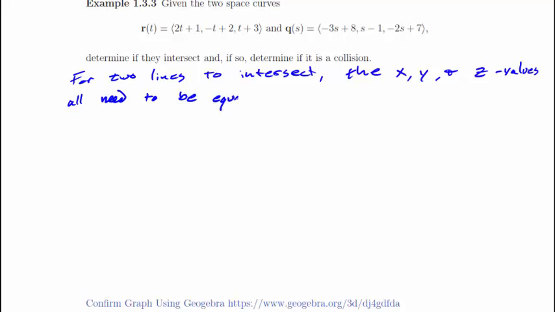So if we're thinking about how we are going to do a substitution in order to find if these intersect, well, that means that the x components, 2t plus 1, needs to equal negative 3s plus 8.